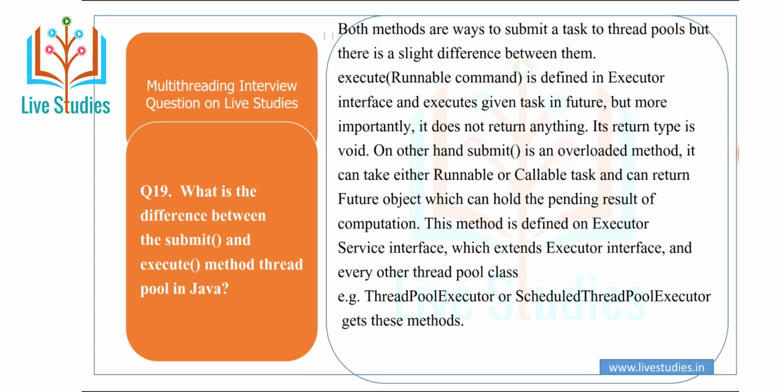It can take either a Runnable or Callable task and can return a Future object which can hold the pending result of the computation. This method is defined in the ExecutorService interface, which extends the Executor interface, and in every other thread pool class, for example ThreadPoolExecutor or ScheduledThreadPoolExecutor.